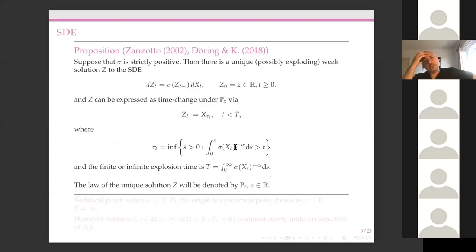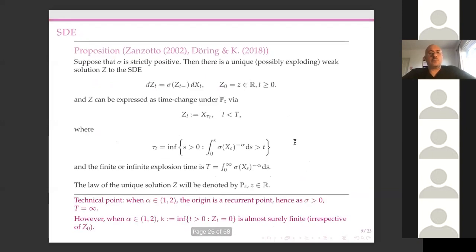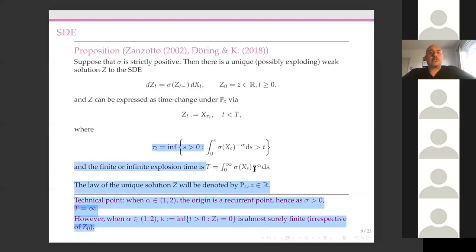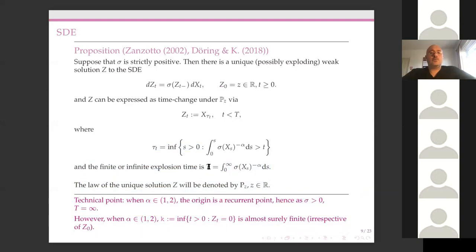Okay, so the first issue I need to address is whether the SDE makes sense. So when alpha is between 0 and 1, we need to be a little bit careful. When alpha is between 1 and 2, we're pretty much good. So when alpha is between 0 and 1, we need to take care of this explosion time here.